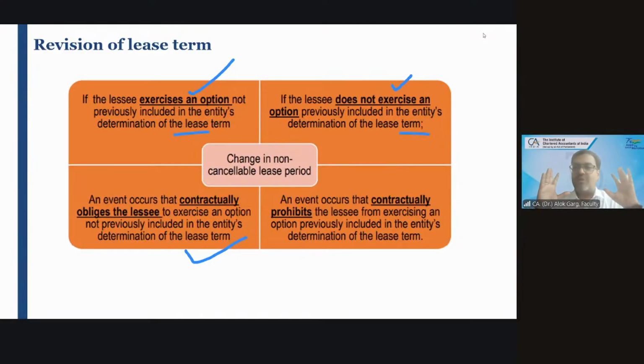But for sure, they are not going to renew. So if some event occurs, which contractually obliges, some contract happens, some event happens, which changes the lease term, so it has to be changed, right? It has to be reassessed. This is what it is talking about.